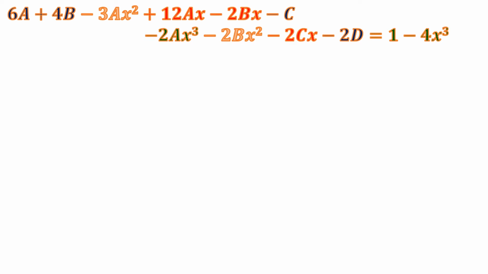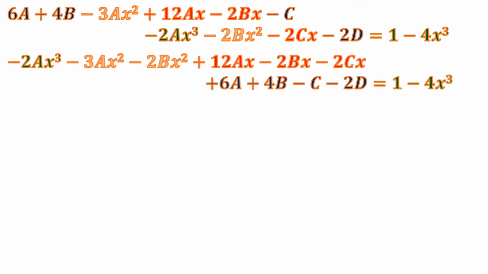Those with x squared color orange, and then the one with the x cube is color green. It's only one term with the x cube. And then we're gonna arrange it in order of the exponent, and also we're gonna put together those with the same coefficient, so it's easier for us to factor out.